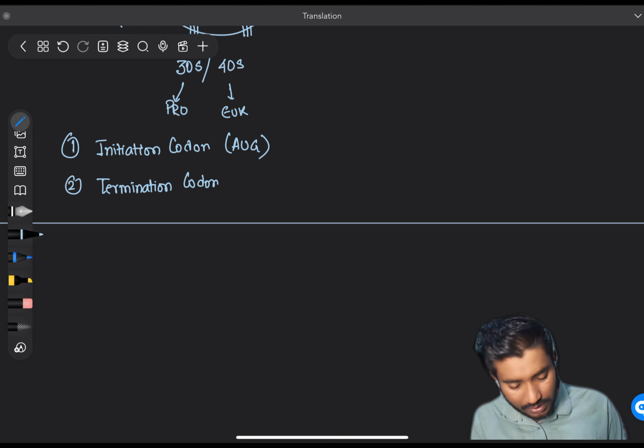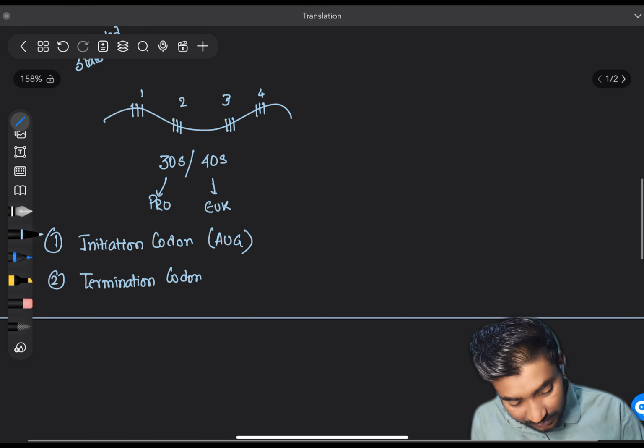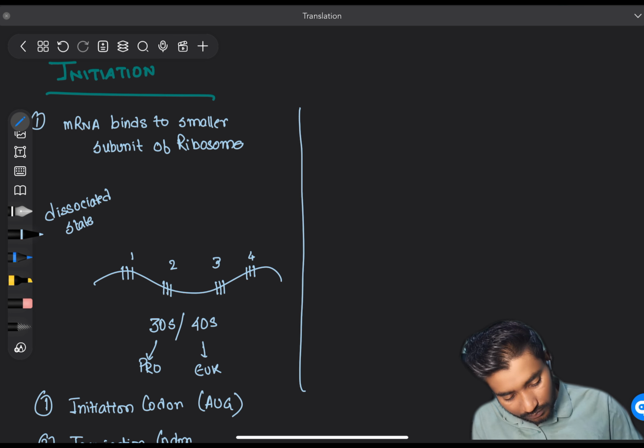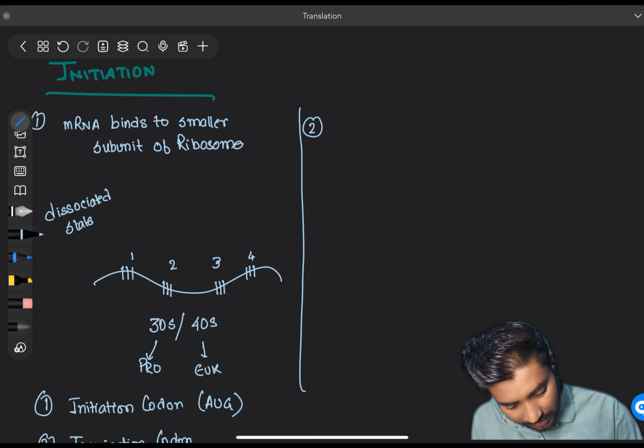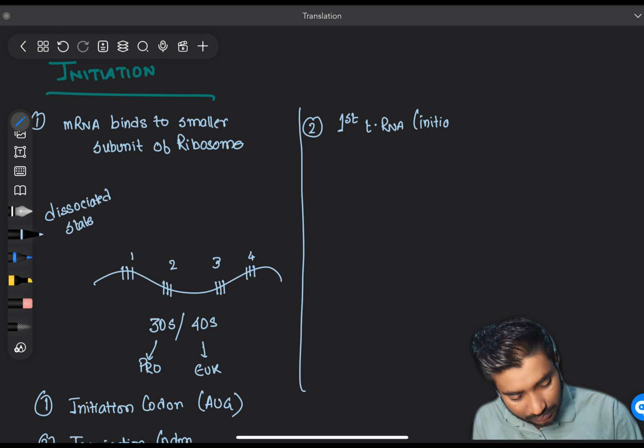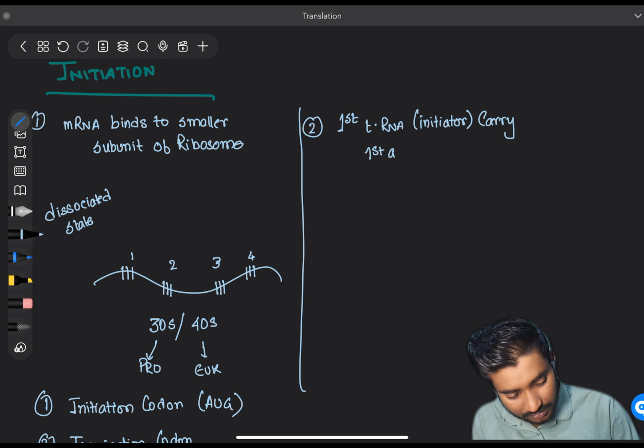Now the next part is the first tRNA, which carries the first amino acid as the initiator.